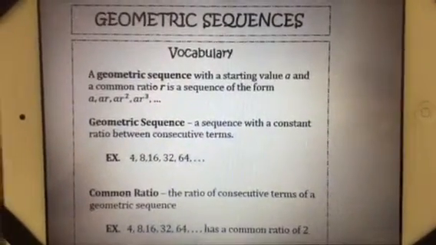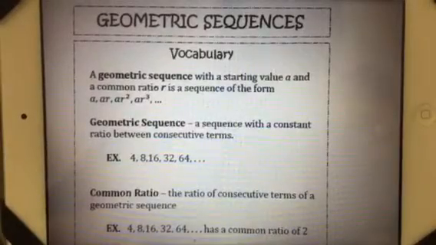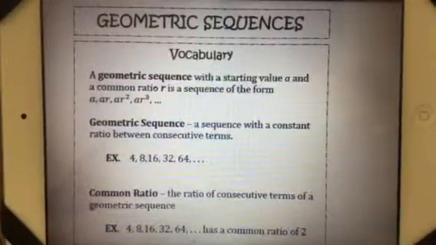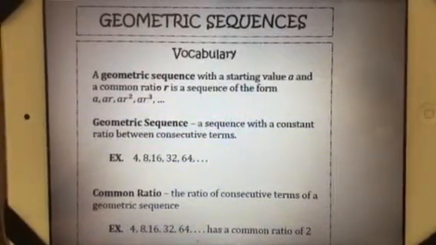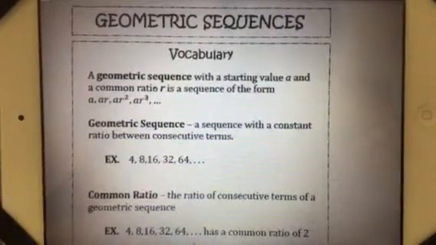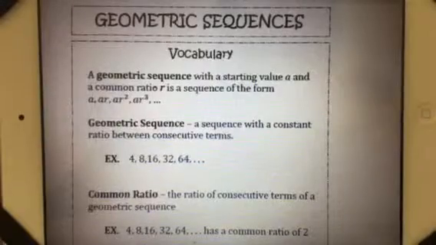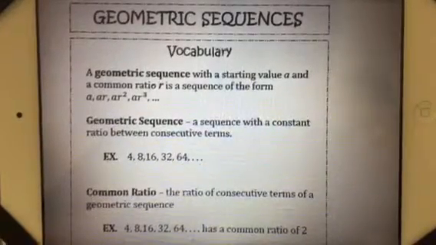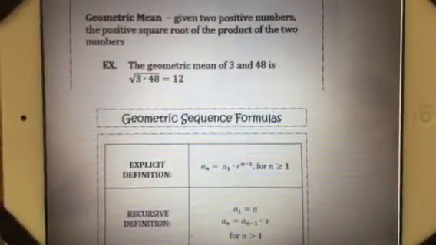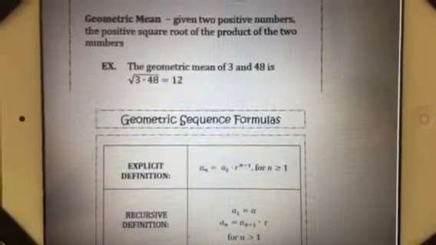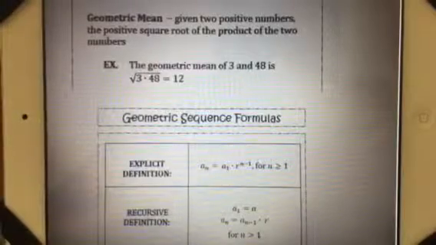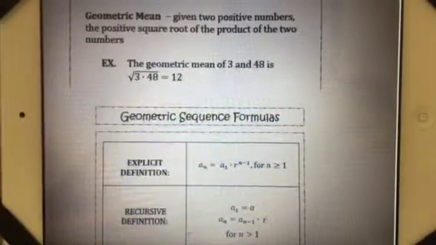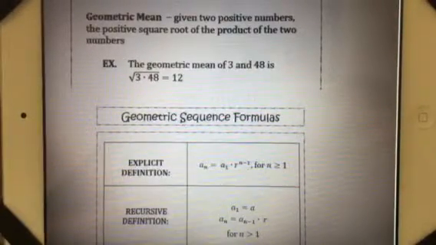So here we have some vocabulary for geometric sequences. A geometric sequence is just like an arithmetic sequence. The only difference is now you have a common ratio, a constant multiplier, rather than a common difference. Here I've included also the definition of the geometric mean in case you're trying to find a value in between a sequence, but you don't have that common ratio given to you.